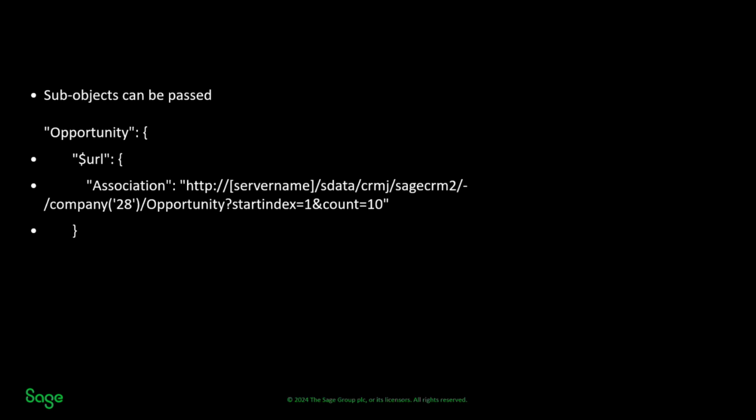In this particular case, we'll see in a moment how the objects which return from a real query, like an opportunity, will have structures internally within them, like a URL, and that URL will be made up of information such as the association as to what this is tied to.